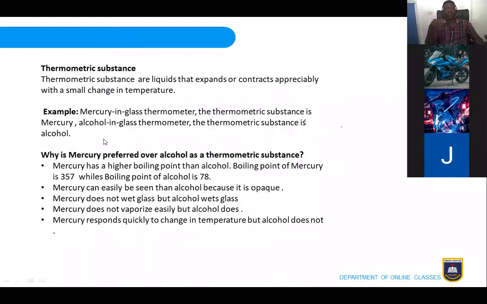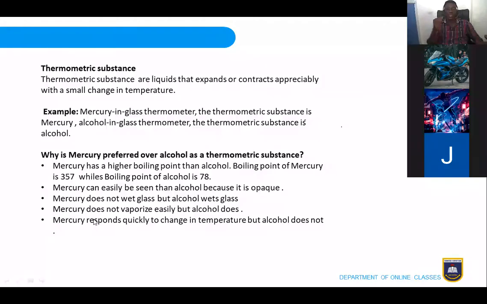An example is when you pour alcohol, let's say in a bowl, and you put it down for a very long time, you can see that it decreases because it is vaporizing. So if you compare mercury and alcohol, you can see that the boiling point of mercury is very high as compared to that of alcohol. Alcohol after 78 degrees Celsius begins to turn into steam, so it vaporizes.